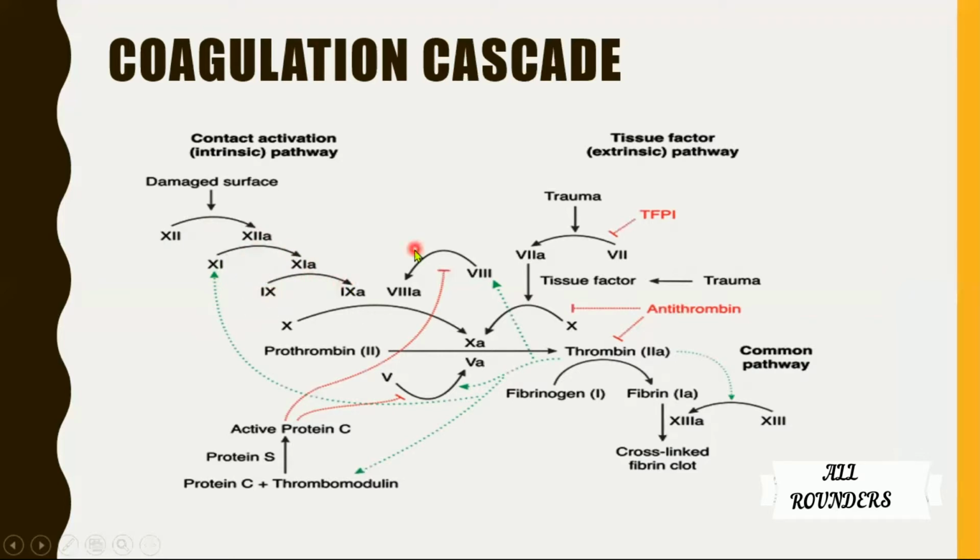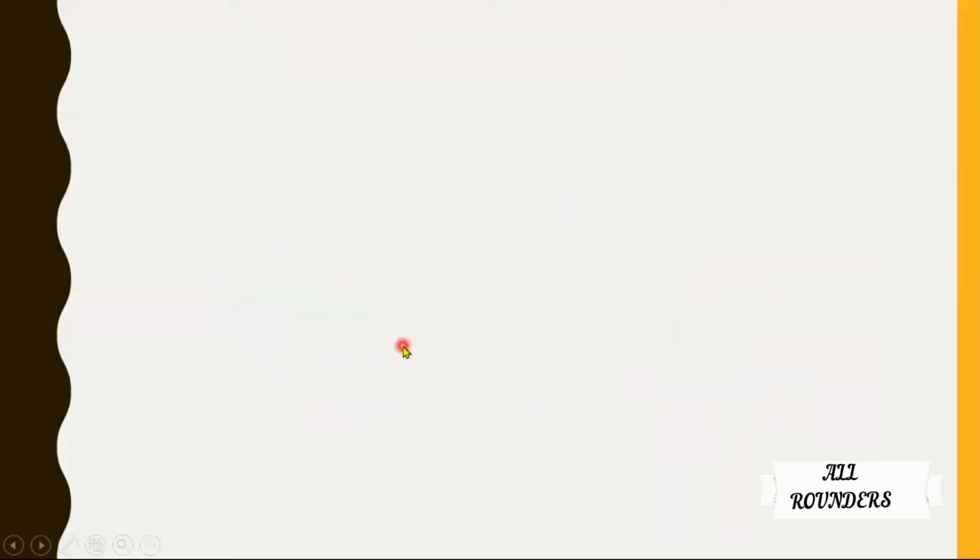One thing I want to tell you in this slide is that the coagulation cascade has three main pathways: the intrinsic pathway, the extrinsic pathway, and those intrinsic and extrinsic pathways meet together at the common pathway. The common pathway starts with factor 10. So without any delay, let's learn about all these factors.